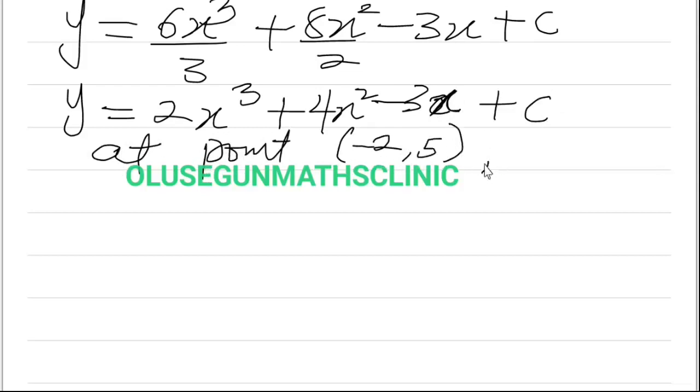So it means that x is equal to -2 and y is equal to 5.